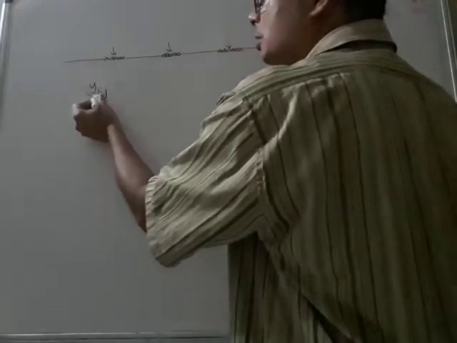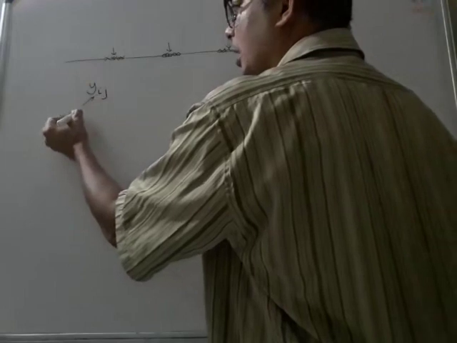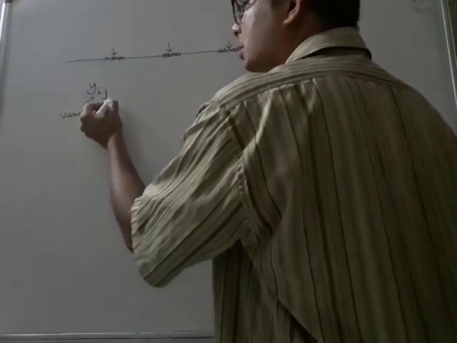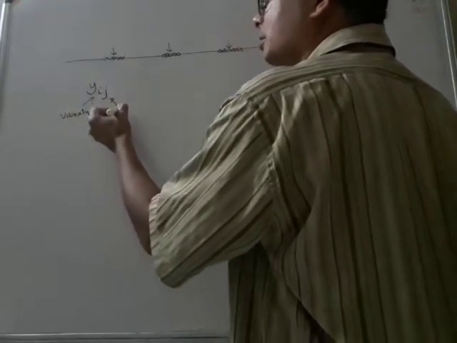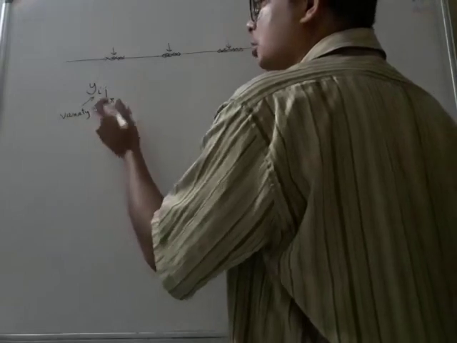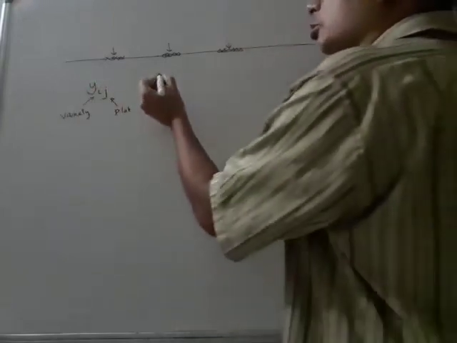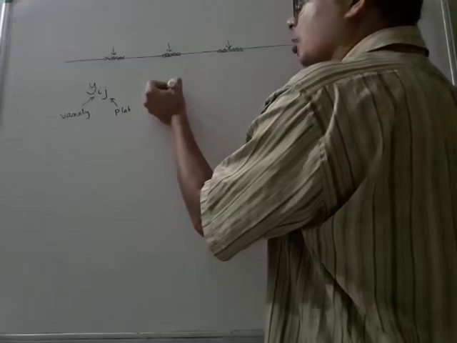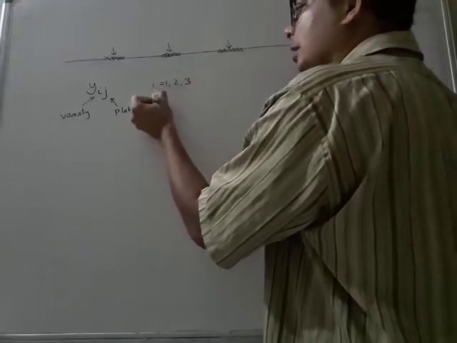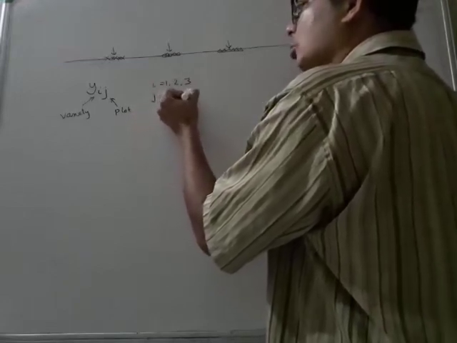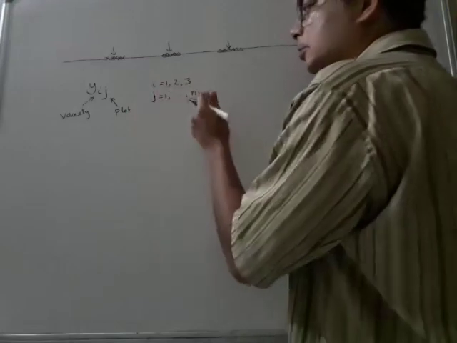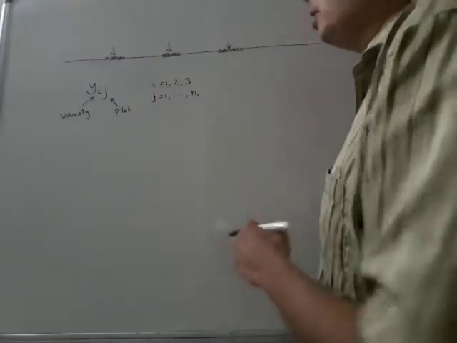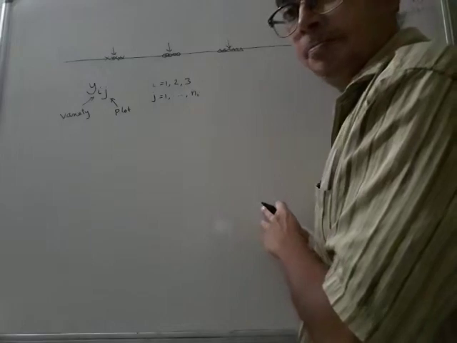So i is the variety and j is the jth plot under the variety. In this case, i is 1, 2, 3 and j runs from 1 to ni. They may differ for different i's.